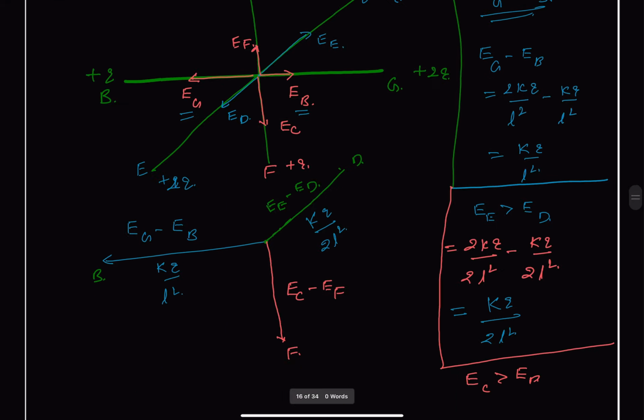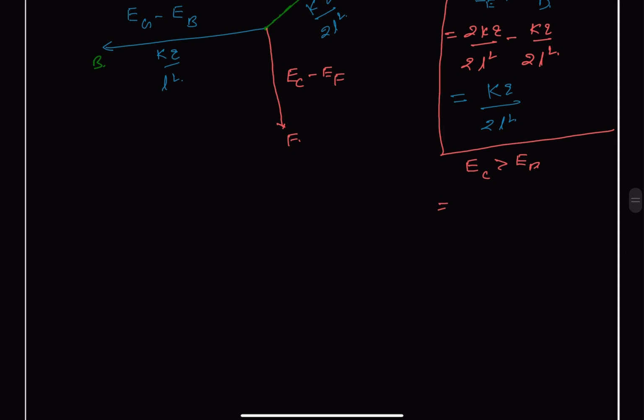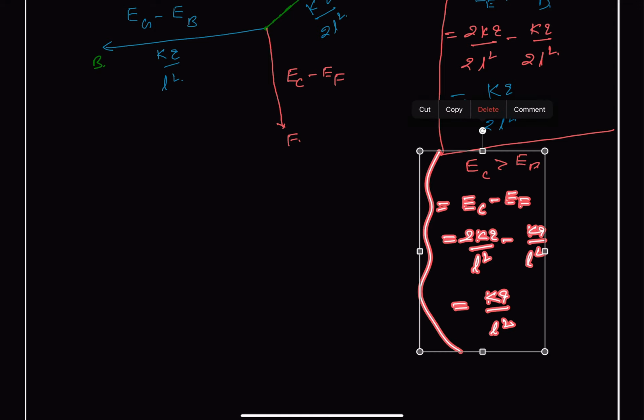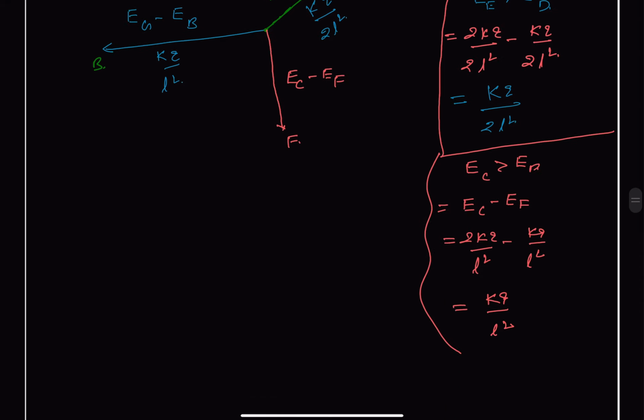So we can say our EC minus EF is equal to 2kq upon L square minus kq upon L square, which gives us kq upon L square.